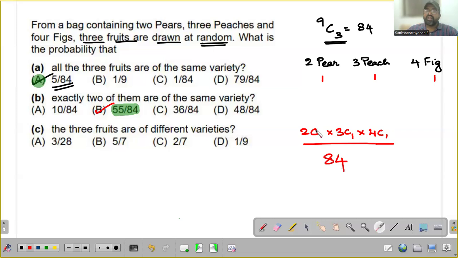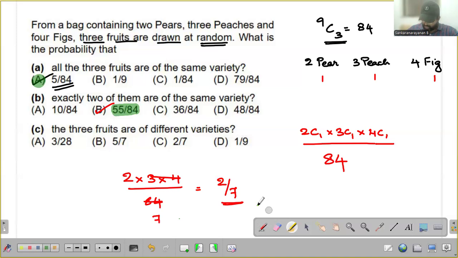You have to select a pear and a peach and a fig. The logic is and, that's why multiplication. So this will be 2 into 3 into 4 whole divided by 84. 4 3s are 12. It will go in 84 7 times. You can say my answer will come as 2 upon 7. So for the question that I have presented, the answer will come as 2 by 7. Option C is my choice. Please make a note of it.